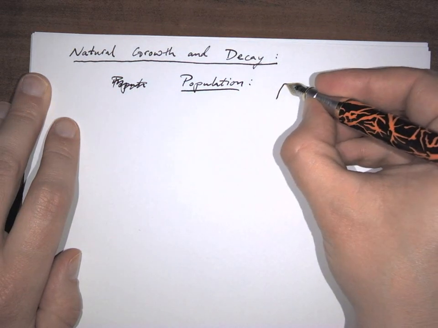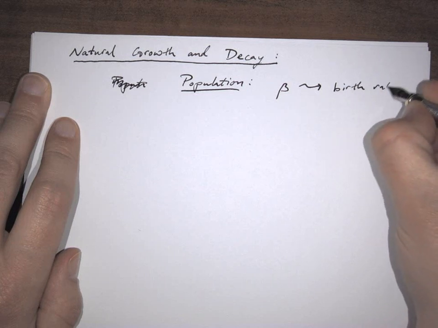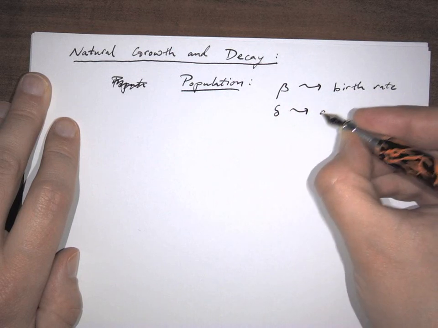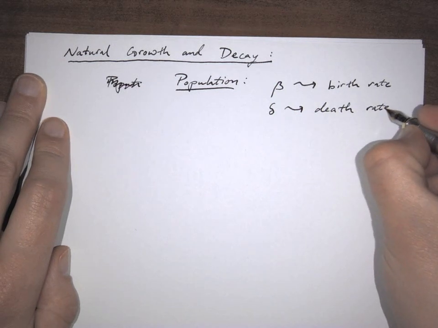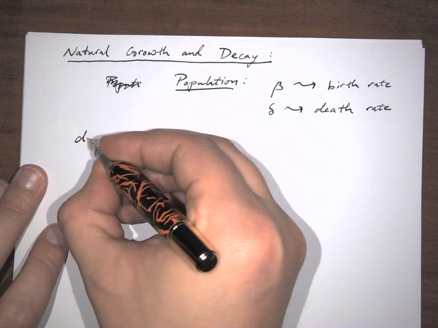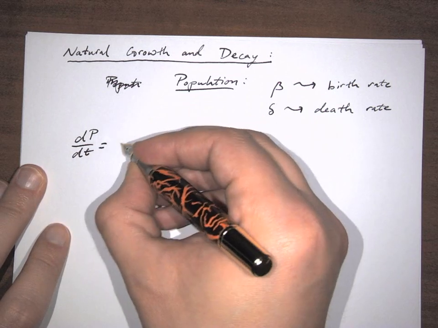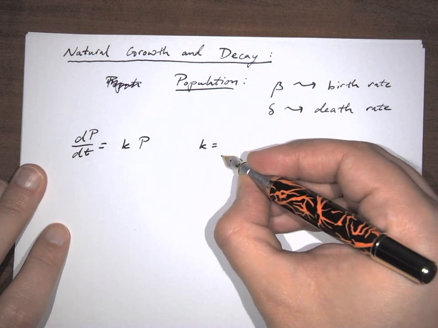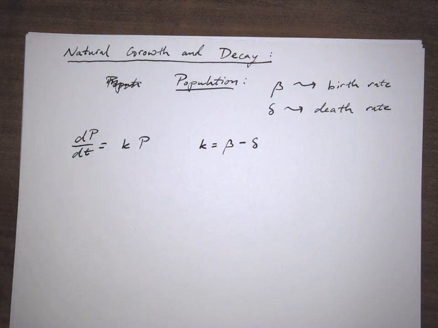So if beta stands for birth, and then delta stands for death rate, then what we would get is dp/dt is equal to just kp, as we already saw, but specifically k here would be equal to the difference between the births and the deaths.